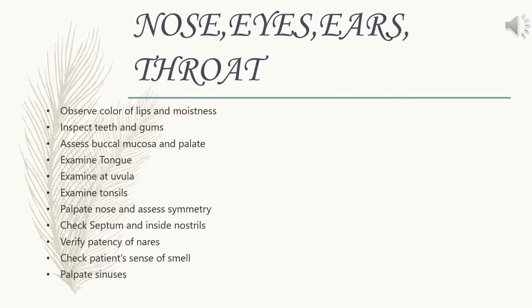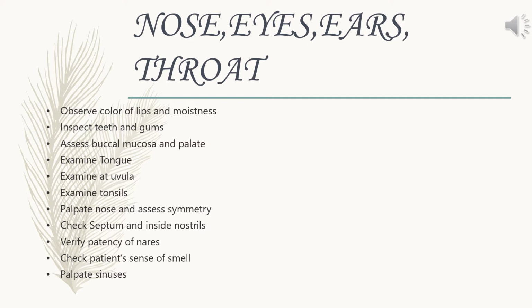Our next topic is about the nose, eyes, ears, and throat. How we have to examine these things. First, we will observe the colors of the lips and moistness. Second, inspect the teeth and gums. Assess the buccal mucosa and palate. Next is examine tongue.